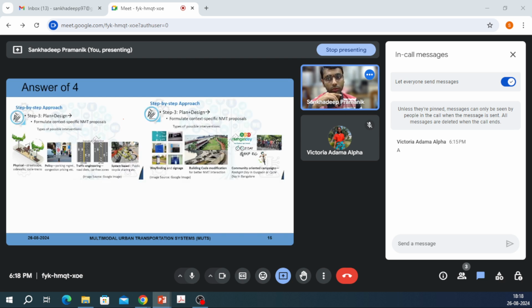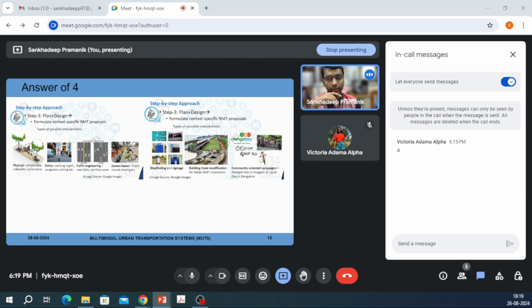So to improve or plan and design NMT infrastructure, different interventions are possible, which we can segregate into different categories, like physical, policy, traffic engineering, system based, or others maybe.